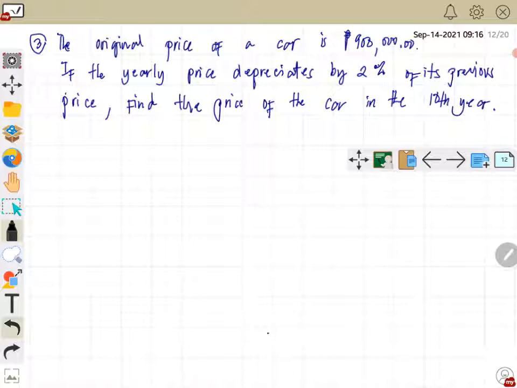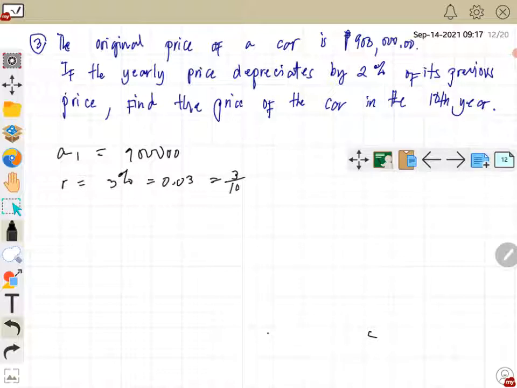Our a sub 1 is simply 900,000. Then our r is simply 0.03, or 3 over 100. Percent means per 100. So we are looking for when n equals 10.